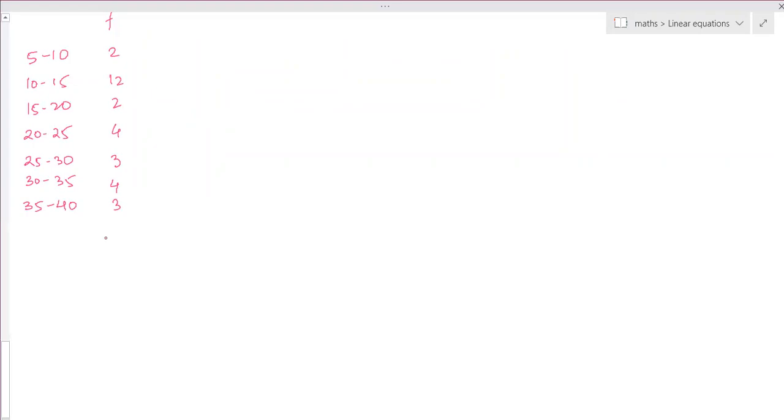Then the last one is the empirical formula, which gives the relation between all 3: mean, mode, median. That is, mode is equal to 3 median minus 2 mean.